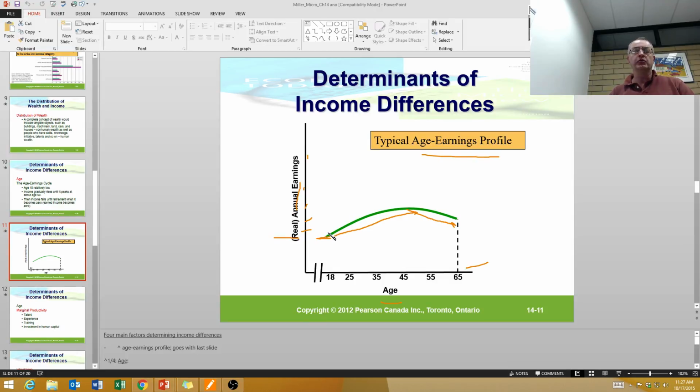So as we improve all of those factors, education, training, work experience, our earnings are going to increase correspondingly, and then it kind of plateaus around middle age as the physical health of workers starts to decline, so our physical strength and our stamina start to decline, and then once we retire, our work income, our employment income, drops to zero. Okay. So I think that graph is kind of intuitive.